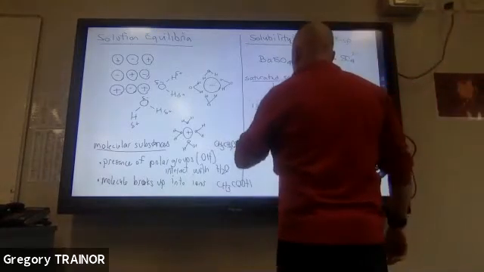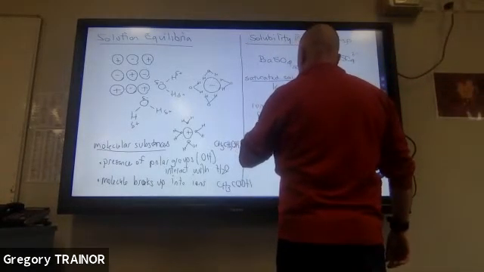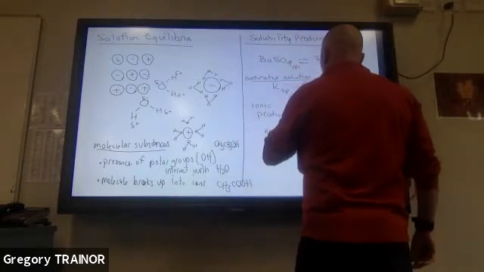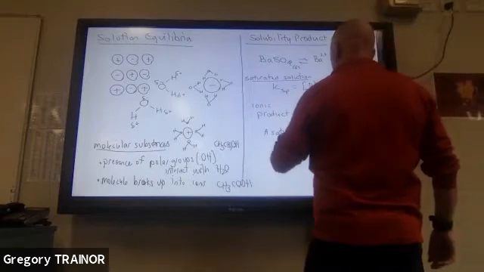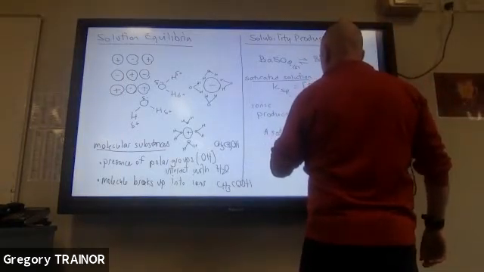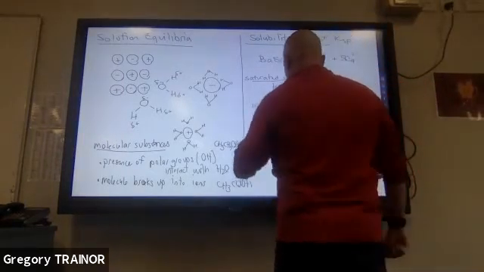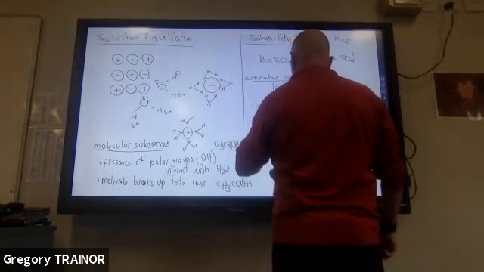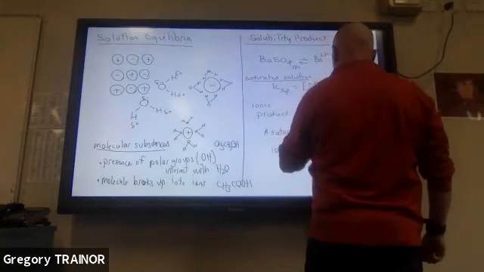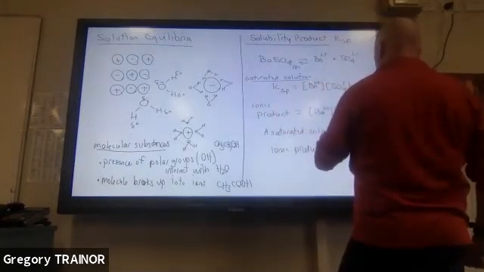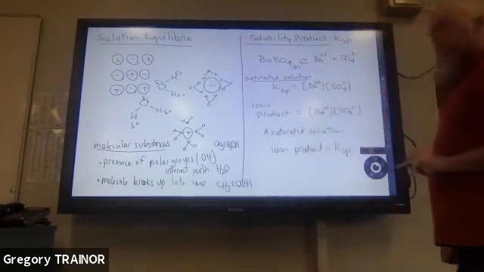So for a saturated solution, the ionic product is equal to Ksp.